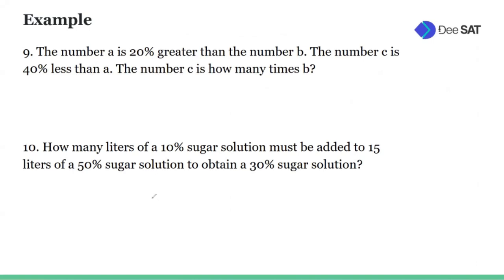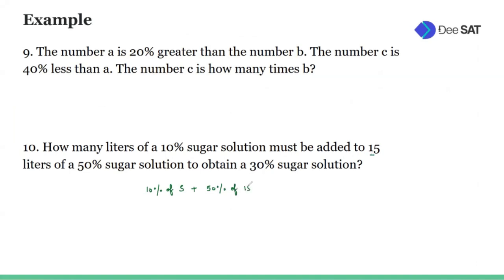So let's do that. I don't know how many liters, so I'm just considering that variable as S. So number of liters for the 10% sugar solution is, for example, S. So I'll just write 10% of S, I'm just taking that as variable, plus 50% of 15, because that is given as 15 liters.